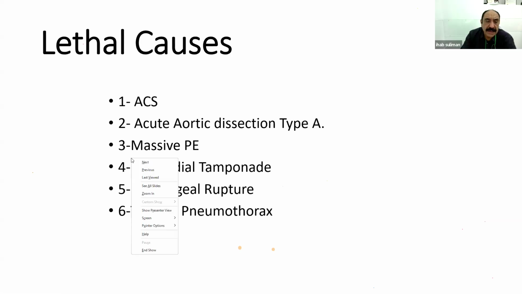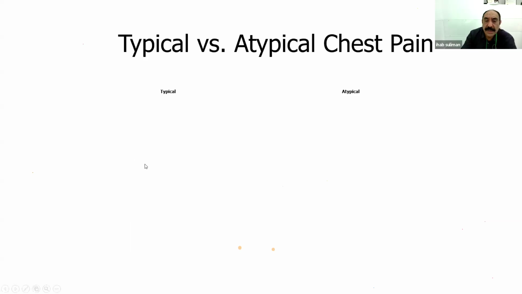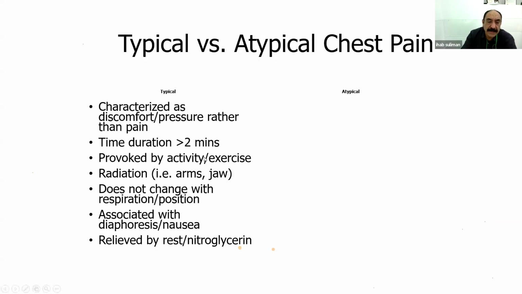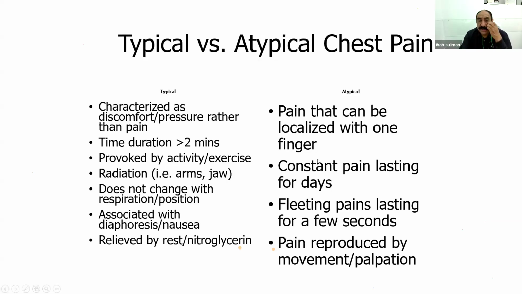So let us show you the difference between typical and atypical chest pain. So typical chest pain, to suggest myocardial ischemia, is usually a pain across the chest. It is not usually finger-like. Finger-like is atypical.